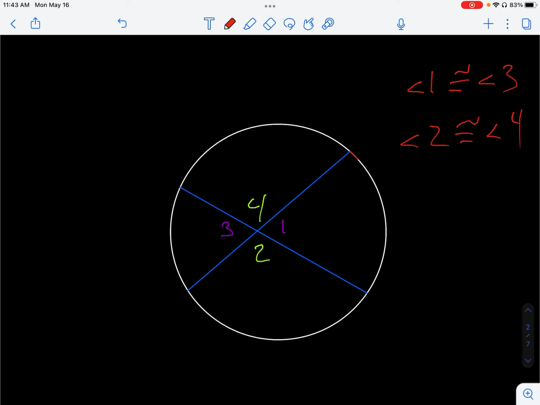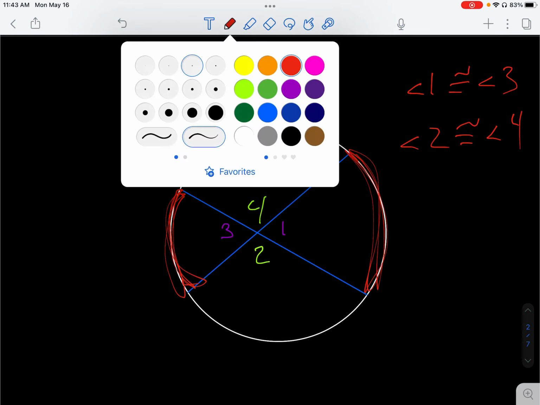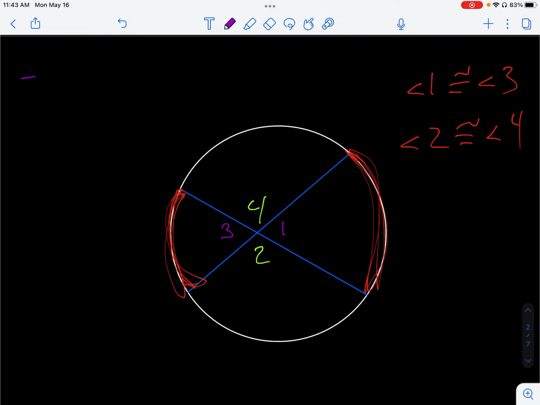Well, what we'll find is that the measure of angle 1 is going to be a factor of the two arcs that impact angle 1. And what we have here is the measure. Actually, let's get to our purple color.